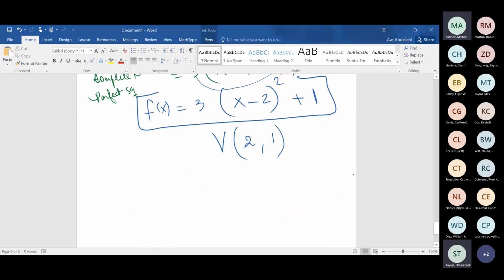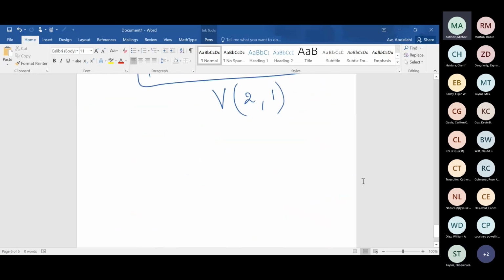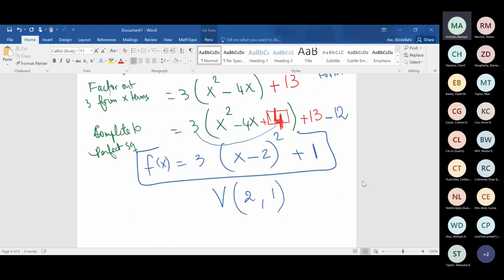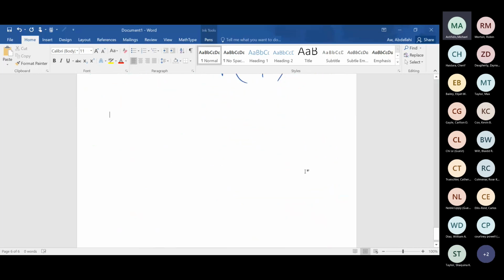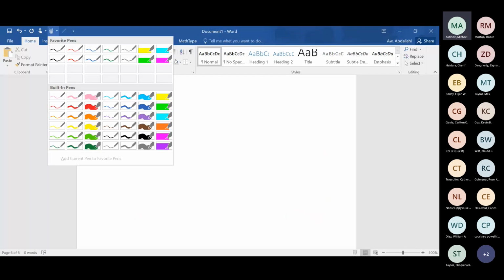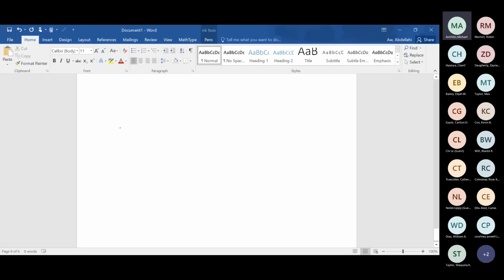All right. Okay, so I'm going to give you this example, but thank God we have a formula for the vertex, so you will not need to do all that. But it is a good technique to know. So do this one right here.